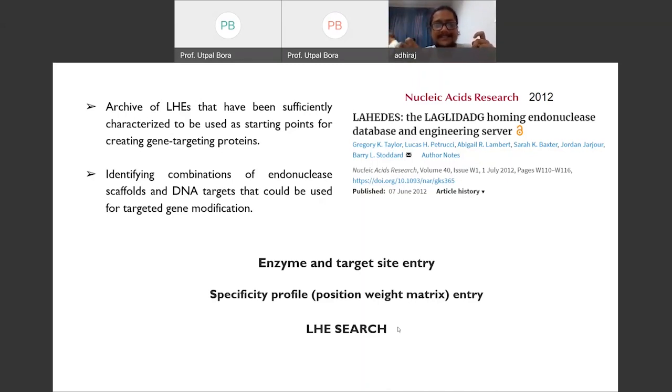We'll be discussing PWM in detail. I'll show you how to calculate this, not using software but by hand. If you are given a sequence of, suppose, length 7, how are you going to calculate the PWM using pen and paper, right? The next thing is LHE search. Anyway, these things will be discussed.